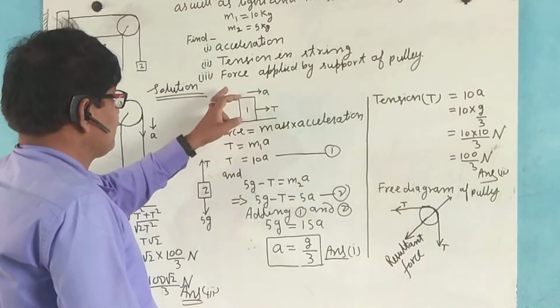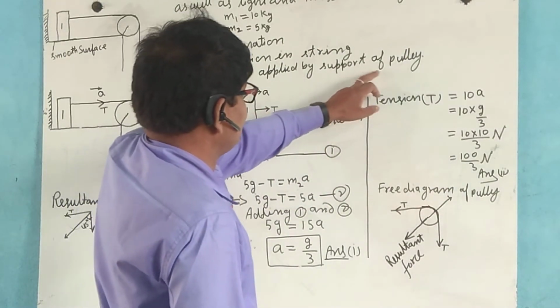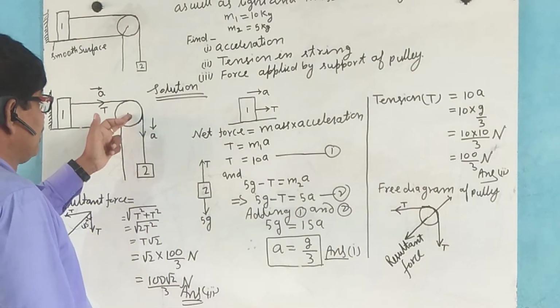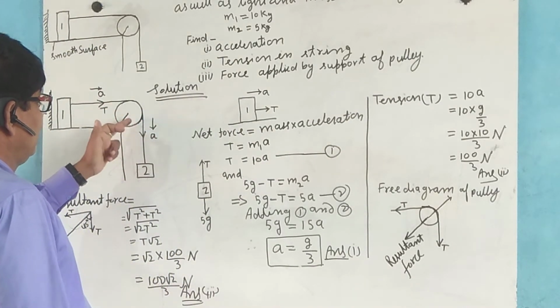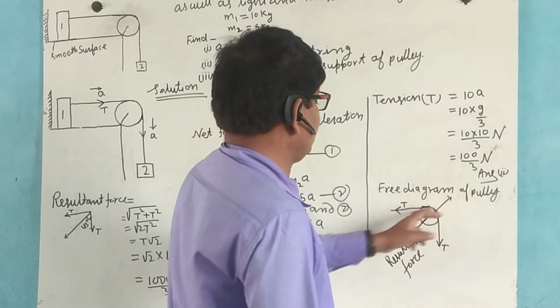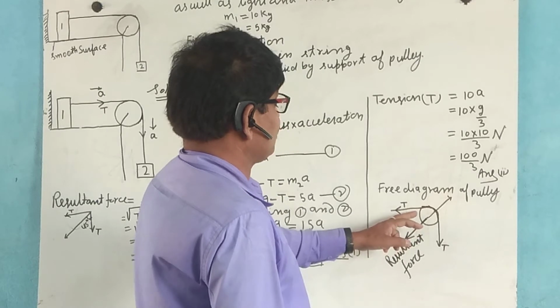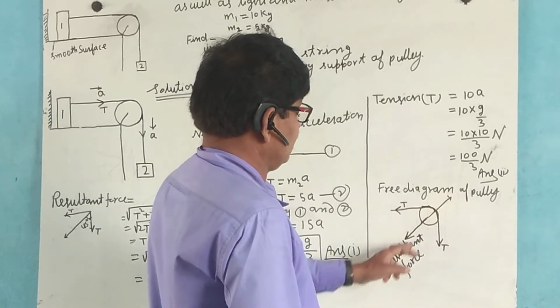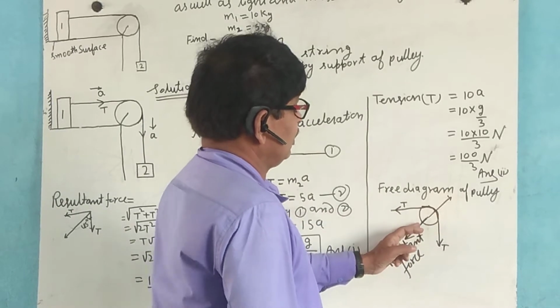Now we calculate the force applied by the support of the pulley. Here is the free body diagram of the pulley. The free body diagram shows tension T here and T here. This is the resultant force.